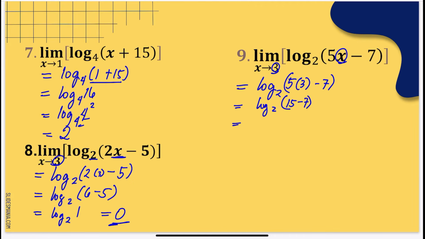So that will become the logarithm of 8 to the base of 2, because 15 minus 7 is 8. The logarithm of 8 to the base of 2 is equal to the logarithm of 2 cubed to the base of 2. We express 8 in exponential form.